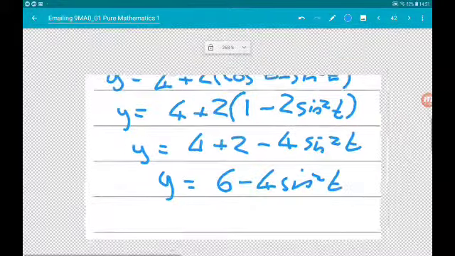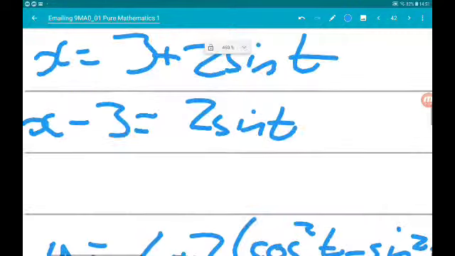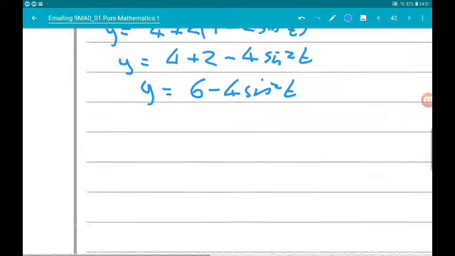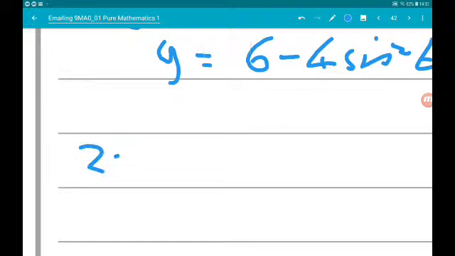Now up here we know that x minus 3 is 2 sine t. So 2 sine t is x minus 3.